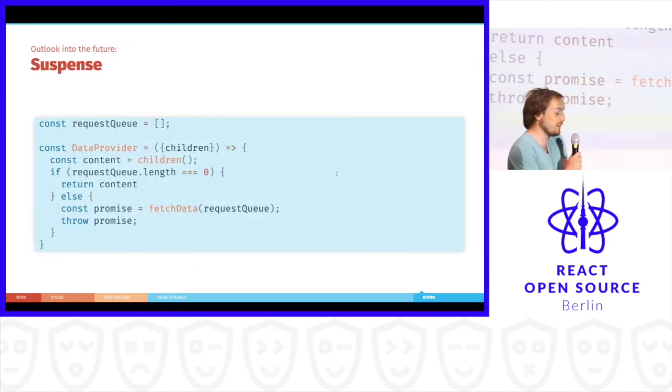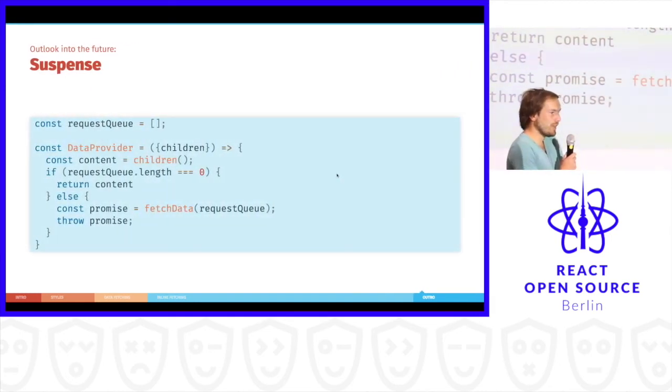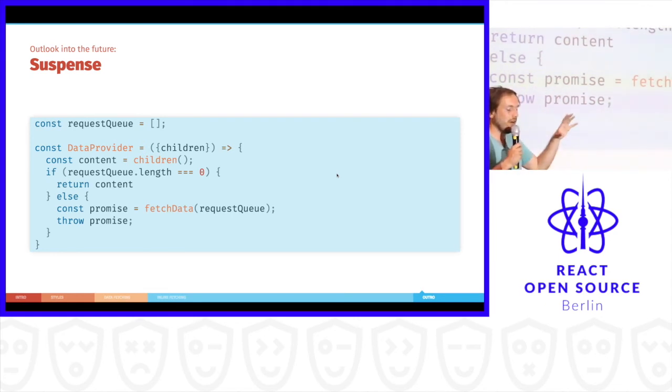And if you're looking at the future, how it could look with Suspense, which is a new React feature that might come out later this year, not too sure, the idea is to interrupt a current render cycle if certain conditions are met or not met. In our case, we could render our content and check whether our request queue has been filled by something because something hasn't been in the cache.